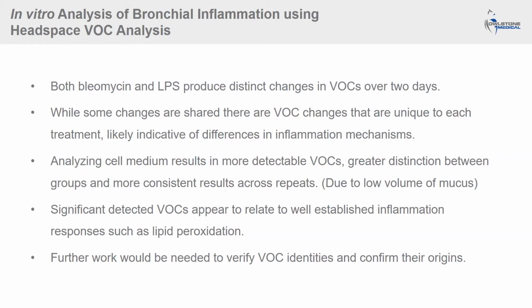So this is probably the cause of the variation. The compounds that we saw changing due to inflammation are mostly aldehydes and alkanes. Of course, there has to be further work to verify the specific identities of those VOCs.